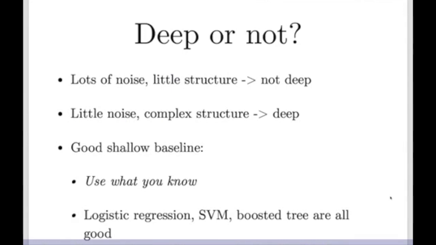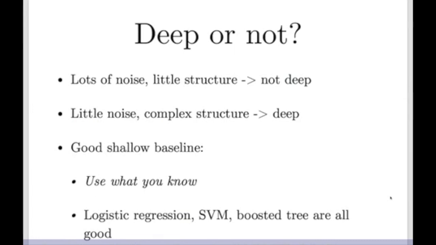If there's relatively little noise in your problem setup, and there's a lot of complex structure, then you can use deep learning. So when I say that something has complex structure, I mean you have a task like looking at an image or a video or a paragraph and summarizing what it means to a human being, saying, this paragraph contains positive sentiment or negative sentiment, or this photo contains an airplane.